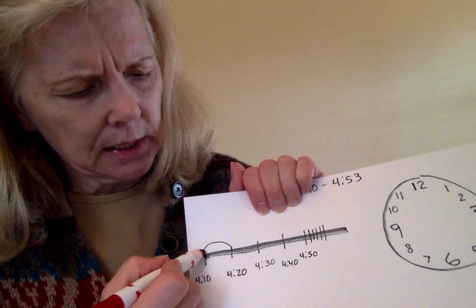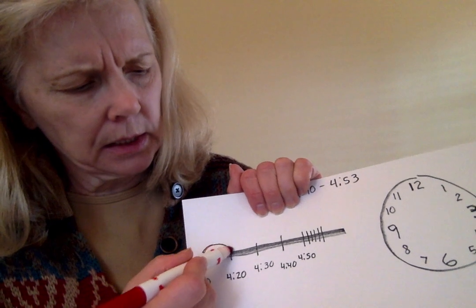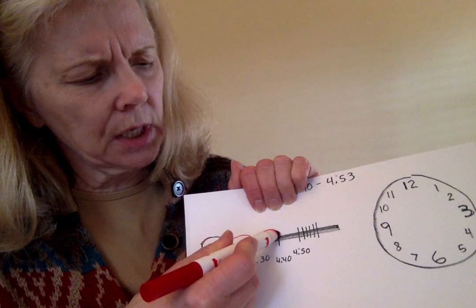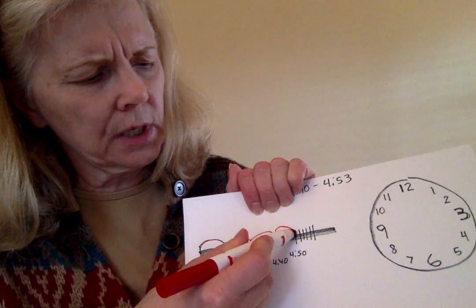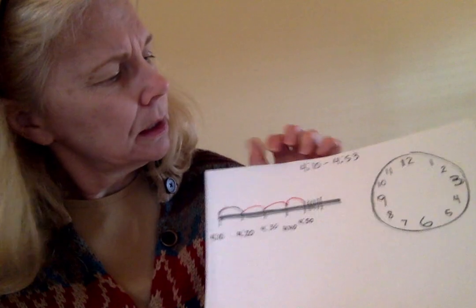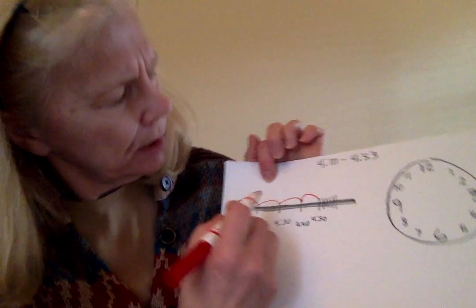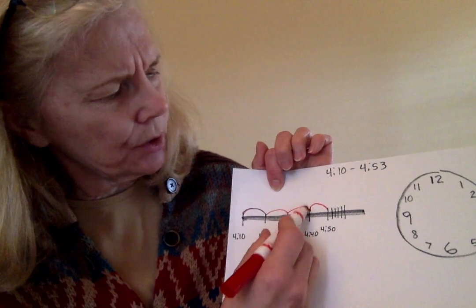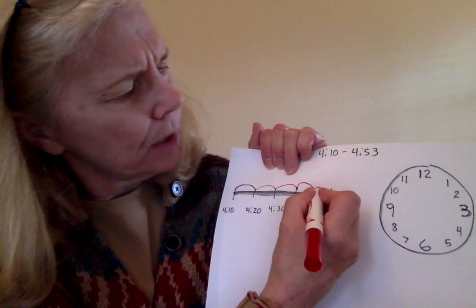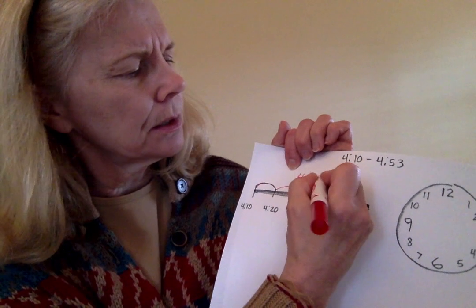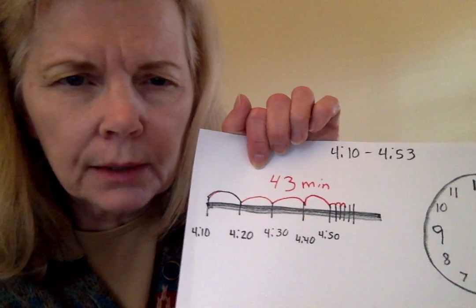So it's 10, 20, 30, 40 minutes, and I'm at 4:50. I need to go to 4:53. So 10, 20, 30, 40, 41, 42, 43. 43 minutes, and I can abbreviate minutes M-I-N.